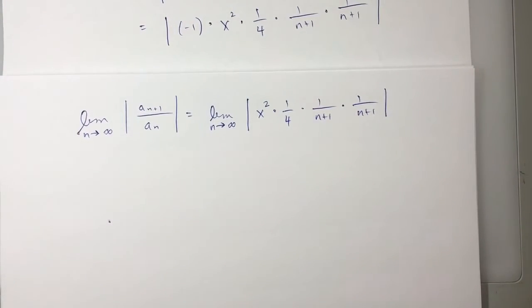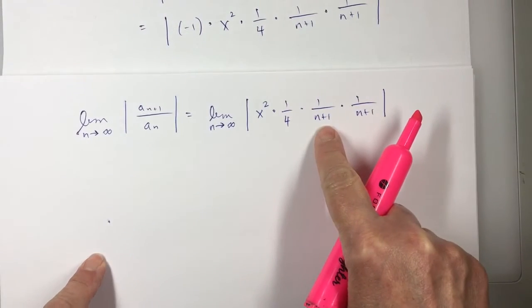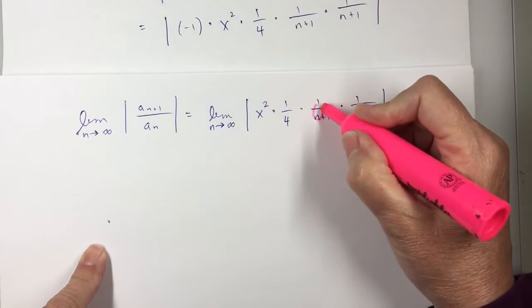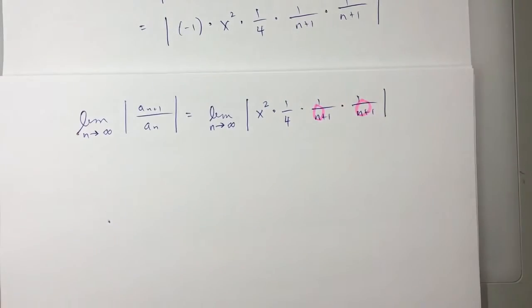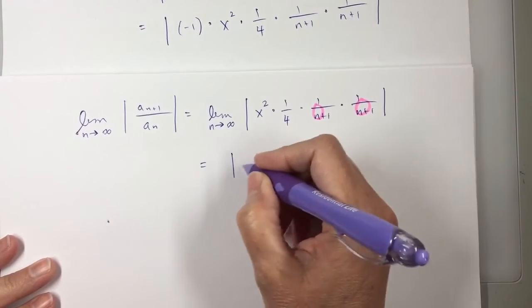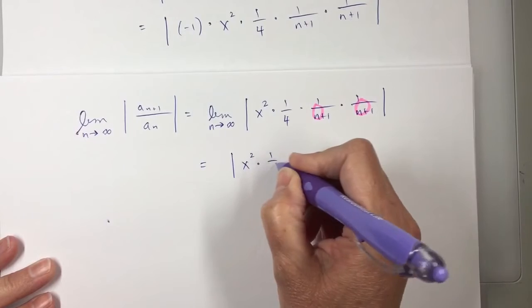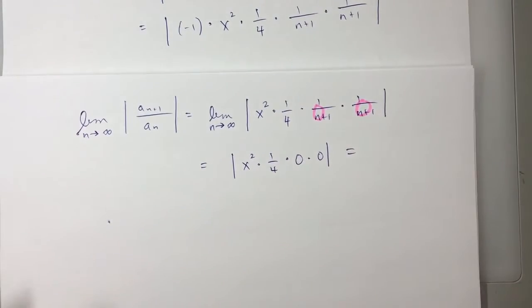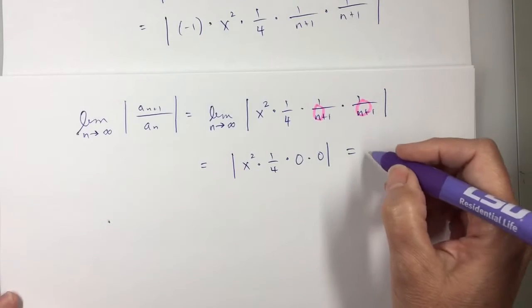Now, what is this going to? 0. And this one, 0. So this limit equals the absolute value of x squared times 1/4 times 0 times 0, and that is 0.